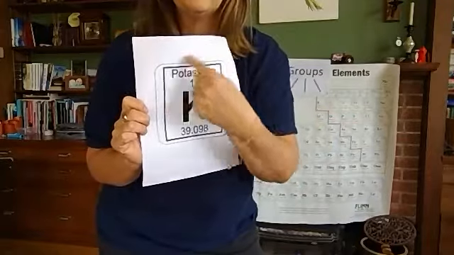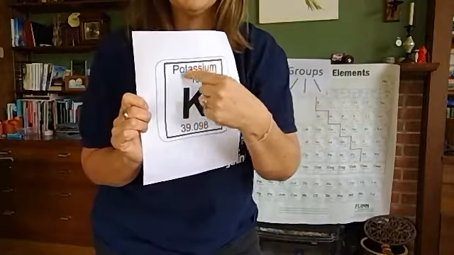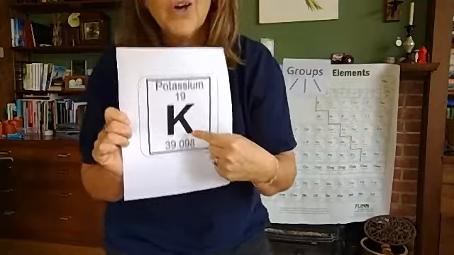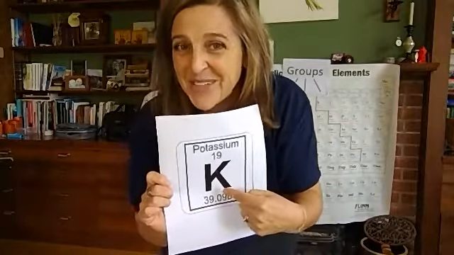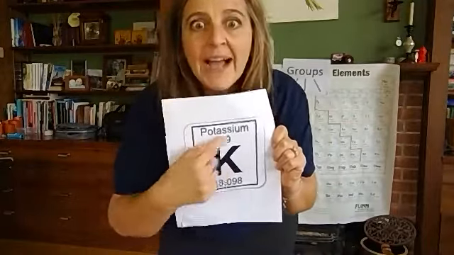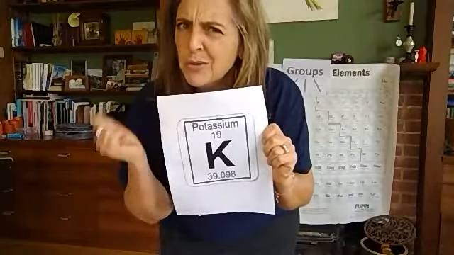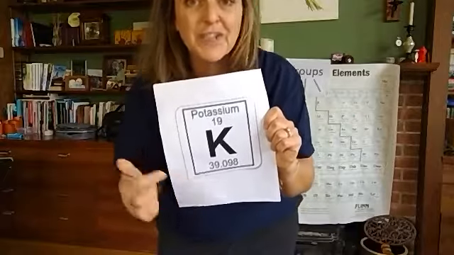The other thing found on this tile is the element's name, potassium, but its symbol is the letter K. Why? Well, that would be a great extra credit bonus question for you to send me the answer to. Why does potassium have the letter K? You would think it would be the letter P, but the letter P ends up being another element called phosphorus.